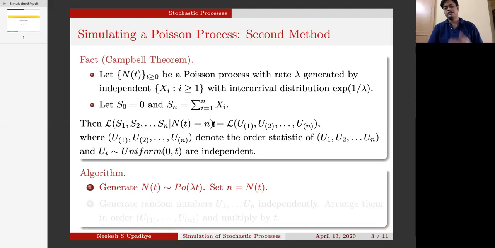In particular, you need to simulate n uniform random variables in the interval 0 to t and arrange them in order. That is what will give you the order statistic of the uniform random variables. So once you set N(t) equal to n, your job is to generate uniform random numbers U1, U2, ..., Un, arrange them in order and multiply them with t.